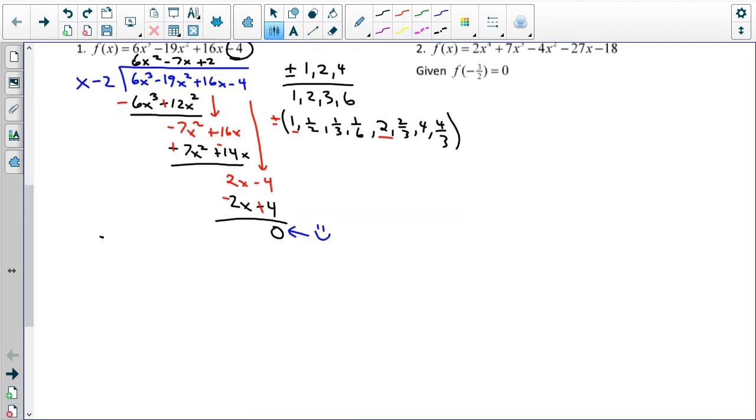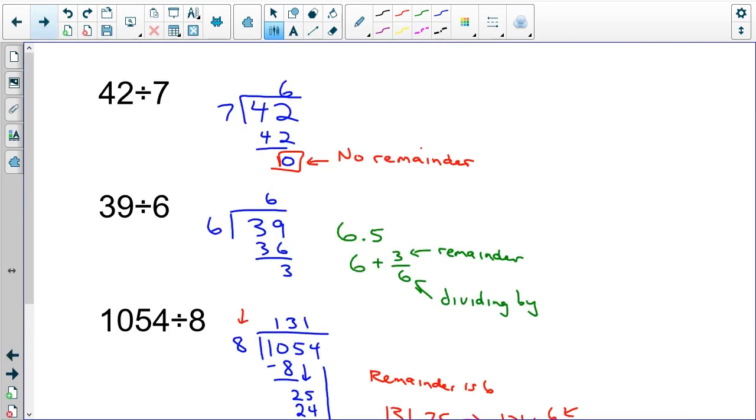So I can rewrite f of x as x minus 2 times 6x squared minus 7x plus 2. Notice I'm just taking x minus 2 times 6x squared minus 7x plus 2, which should, if I multiply them back together, give me what I started with, which is a logical extension of what I learned from division.